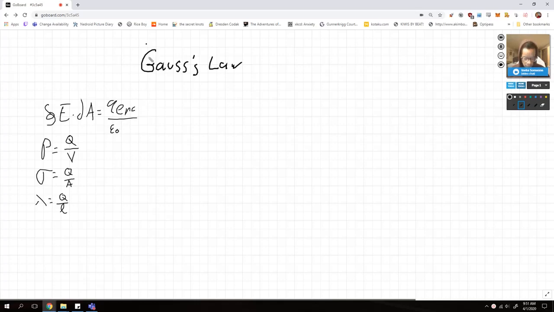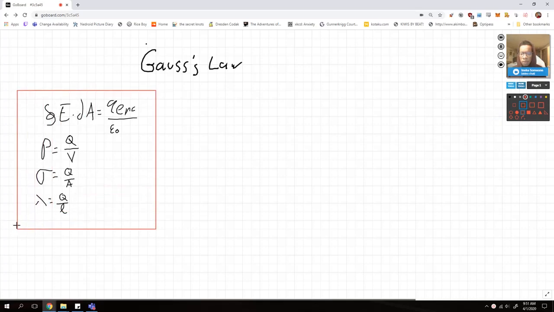But today we're going to talk about more stuff that has to do with Gauss's law, because it is kind of a complex topic. So I'm going to again attempt to clarify some of the parts of Gauss's law.